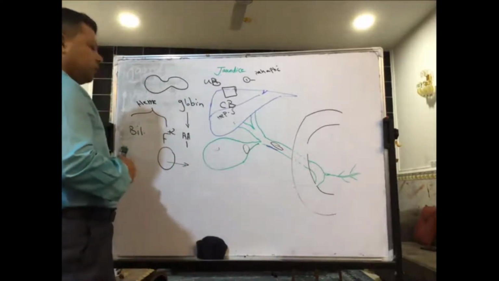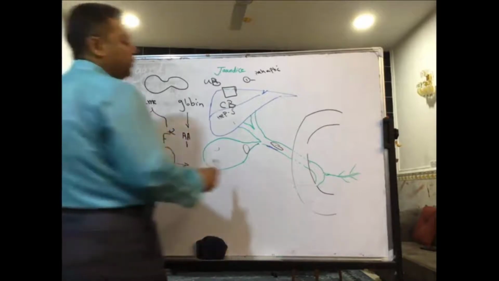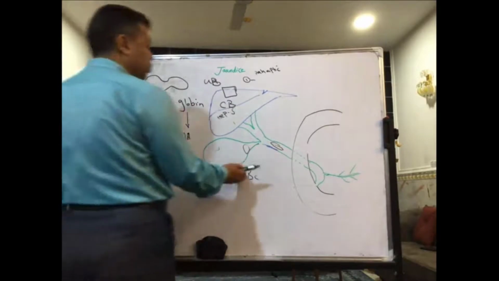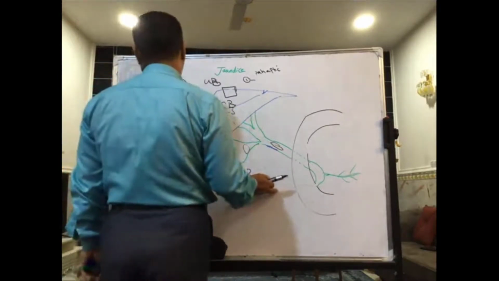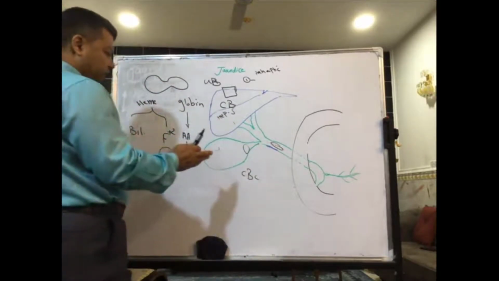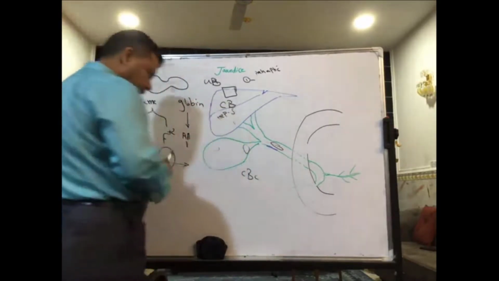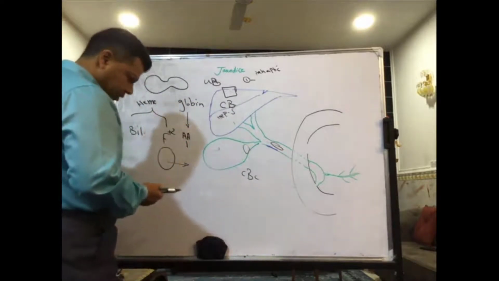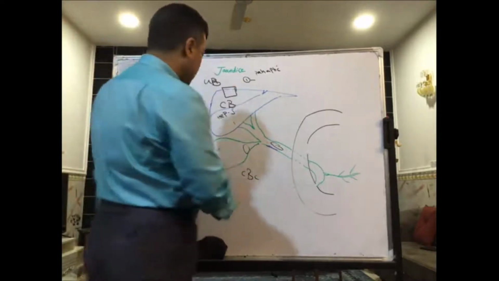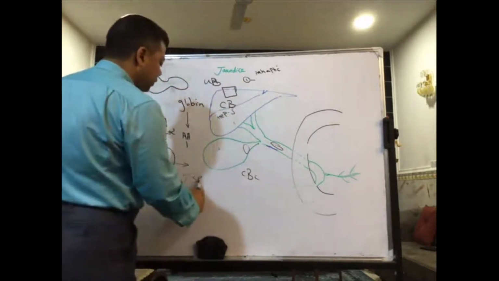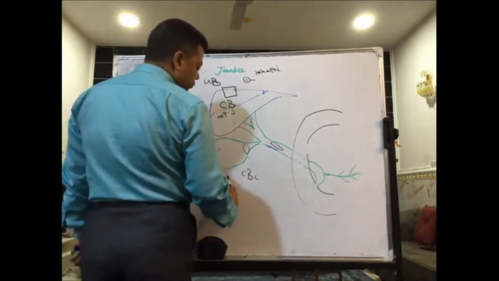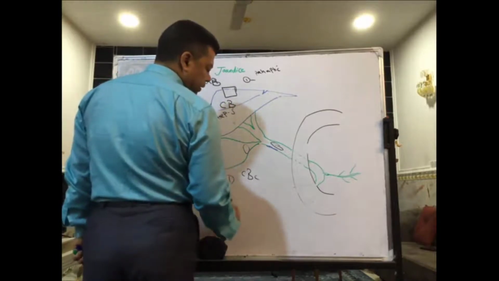Investigations are done, starting with a simple complete blood count. Hemoglobin low and platelet count high indicate destruction and a compensatory mechanism for destruction of RBC, which may be in cases of hemolytic disease. Total serum bilirubin should be requested, and its fractions, direct and indirect.